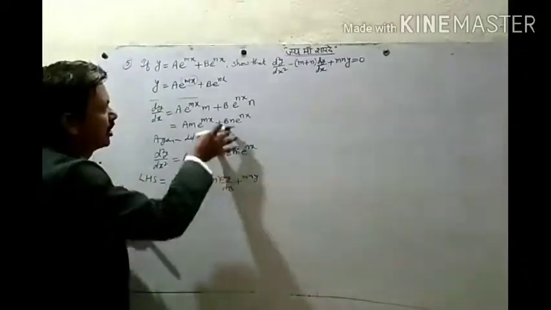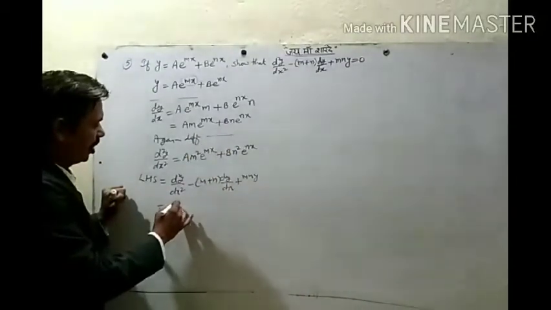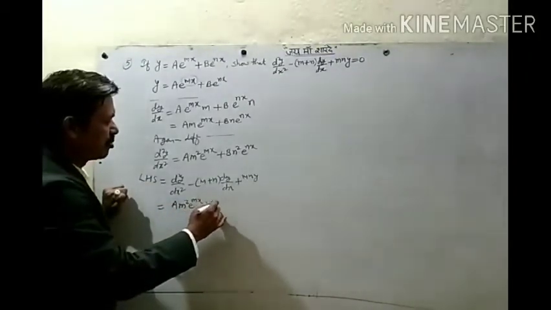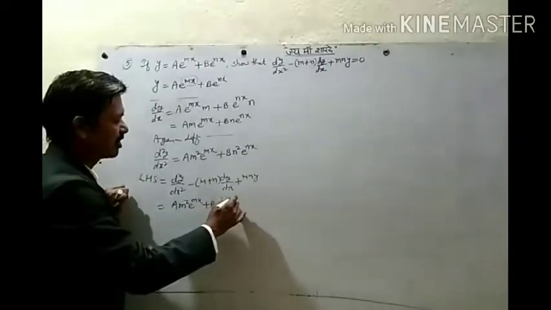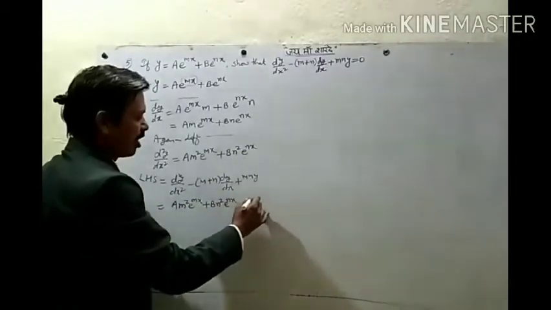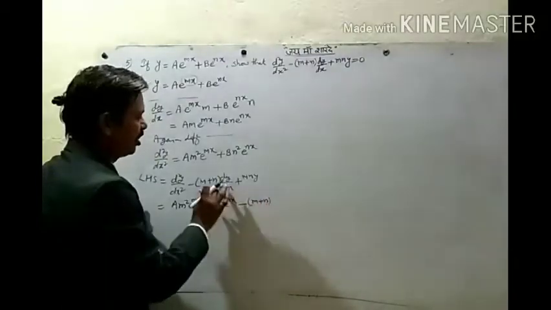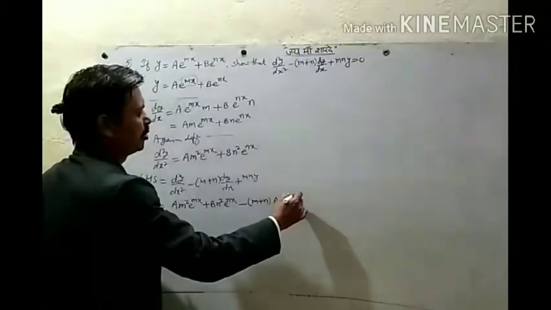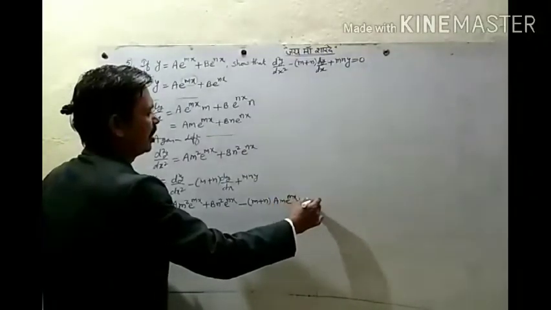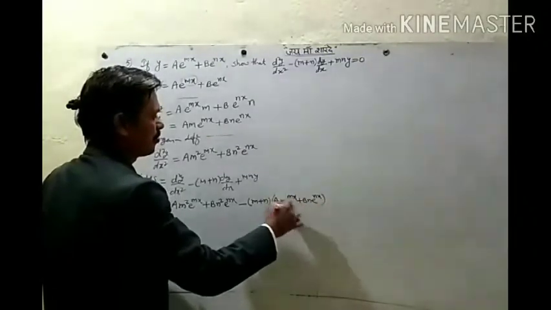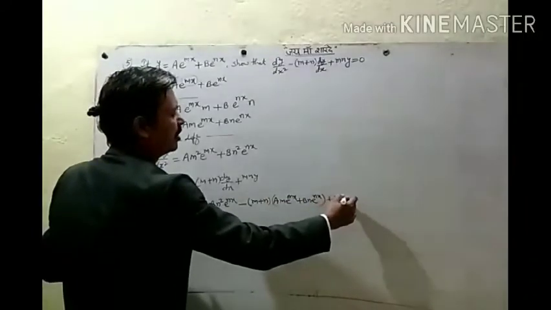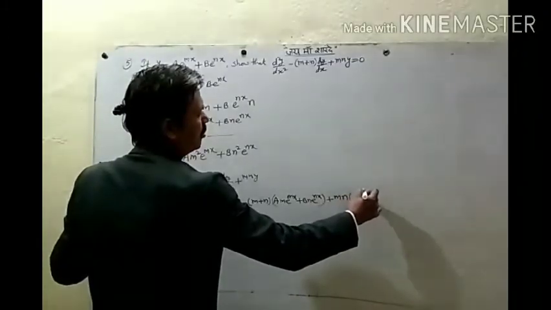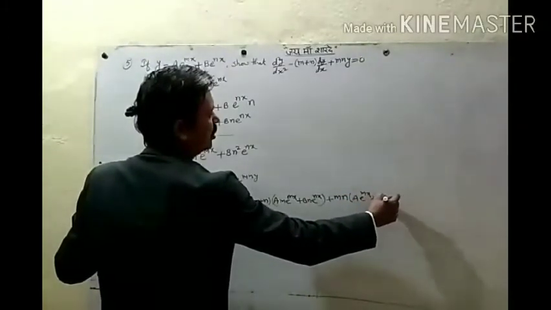Now putting these values here, second derivative, a m square into e to the power mx plus bn square into e to the power nx, minus (m plus n) as it is, dy by dx is a into m e to the power mx plus bn e to the power nx, plus mn as it is, value of y, a e to the power mx plus b e to the power nx.